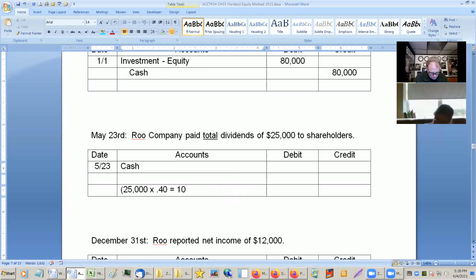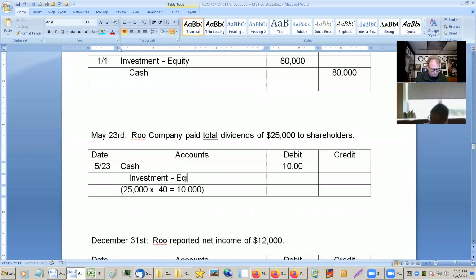And then the 31st, net income of 12,000. So that would be 40% of 12,000, which would be 4,800.